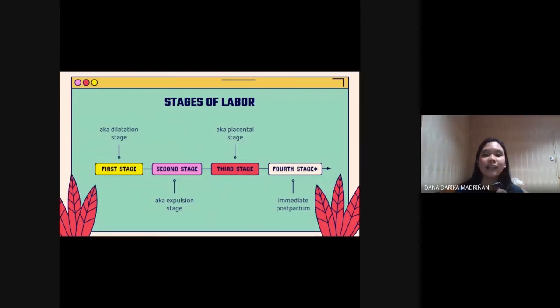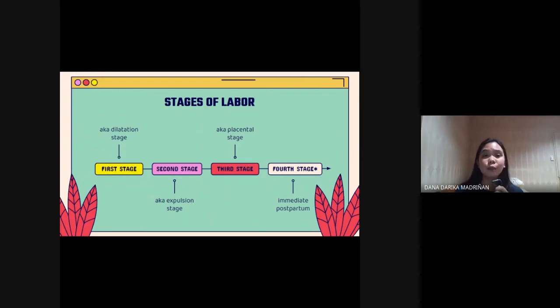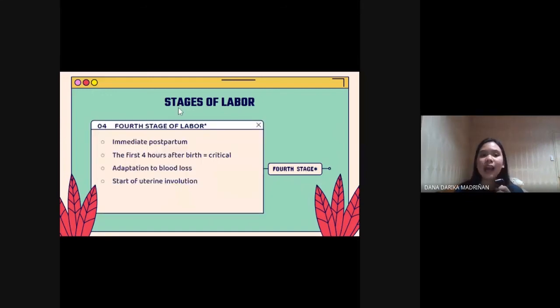Ang labor po ay 3 stages po lamang, pero may iban po na kino-consider po nila ang immediate postpartum o ang mga oras pagkatapos manganak as the 4th stage of labor po. So ang unang 4 na oras po pagkatapos manganak ni mommy ay napaka-critical po.